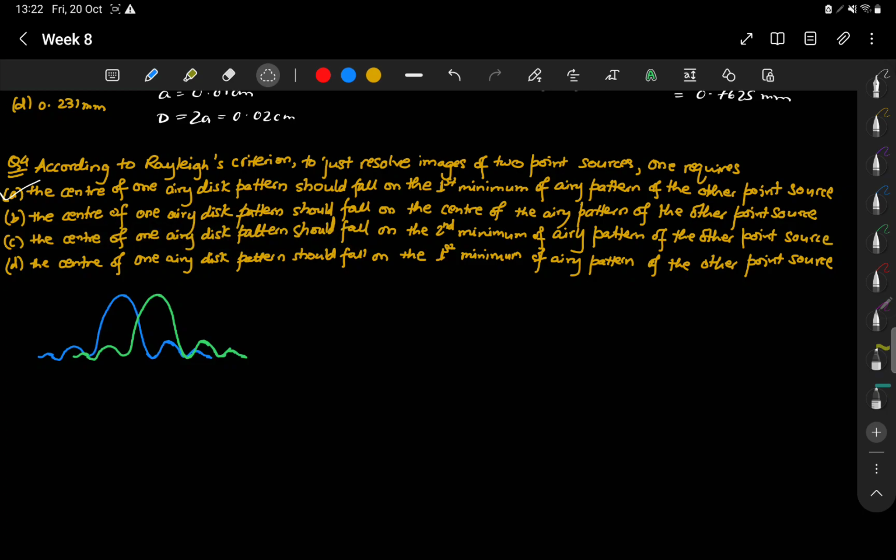Okay, so this is the situation when we will say that this is just resolvable: when this maximum falls on this first minimum, like this. So this is the minimum, this is the minimum, and this is the maximum. This is the least separation for resolving.